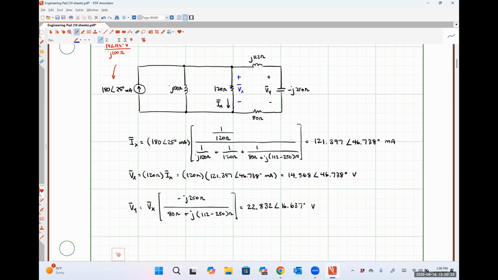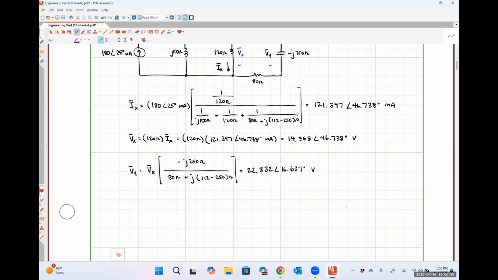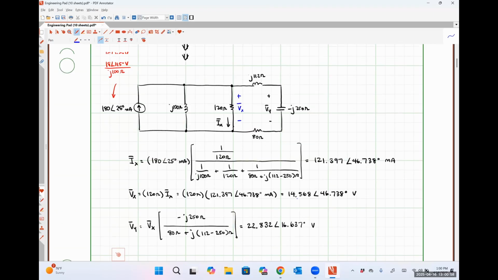Okay, so assuming I've typed things into my calculator correctly, are we done? Fantastic.